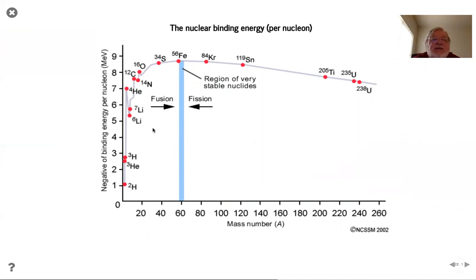Of course, this is just for completeness of my lecture, but I expect that you should know this too. So this curve here shows the so-called nuclear binding energy per nucleon. And it's well known that this curve has a maximum in the region of the so-called iron peak elements. It's called iron peak because it has a peak here, but it's not a sharp peak. It's a relatively smooth maximum.